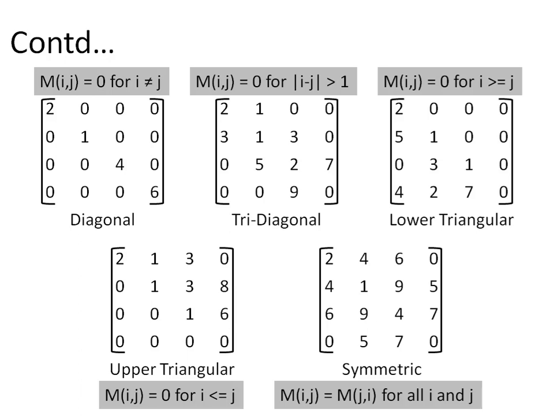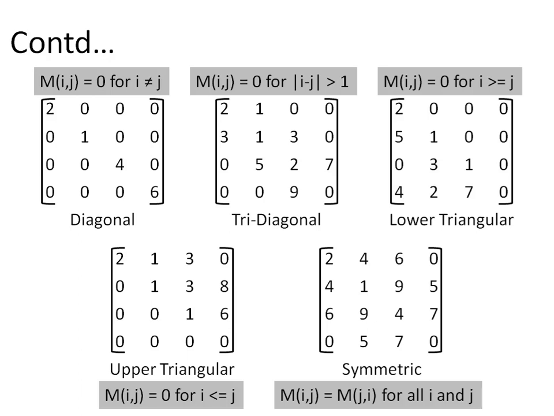Tridiagonal matrix is the one which does not have an element if the difference between row and column index is greater than 1. That is, in such a case, the entry is 0. Then we have lower and upper triangular matrix, which respectively contain values in the lower and upper half of the matrix.